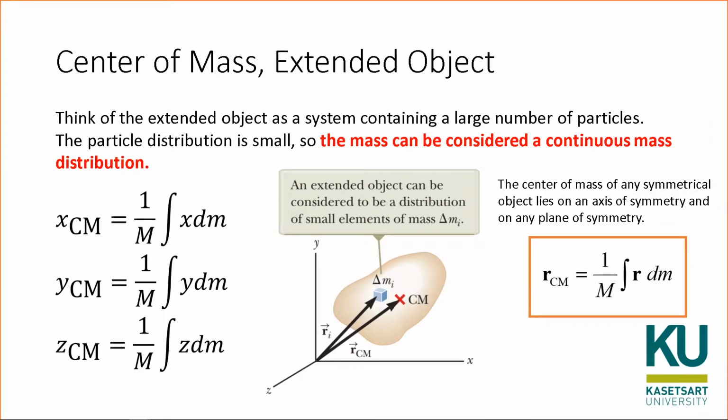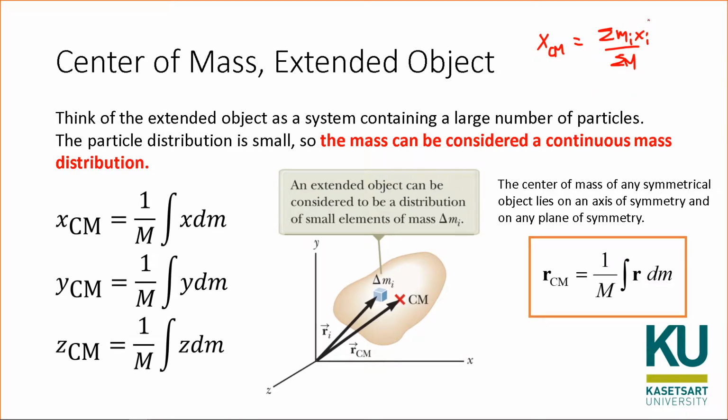If you don't have the mass as an individual blob like the previous example, now your mass is a smooth continuous object. So you can use the definition of the previous part as well. Your x_CM comes from the sum of m_i x_i divided by the sum of m_i.